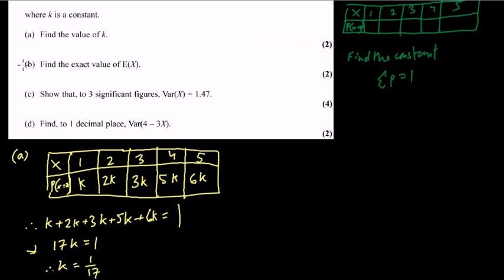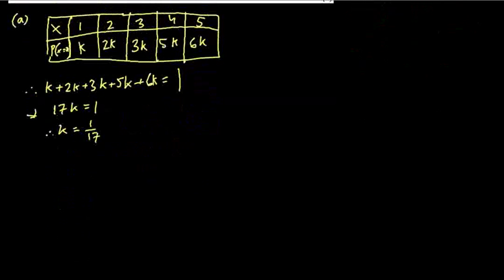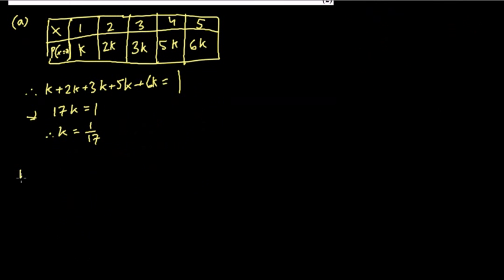So the next question is expected value, E(X). Expected value means mean. So let me write down the formula here. The expected value has a formula of summation of random variable into probability. That's it. So what we can do here is, we know the table. So for expected value, we have to write it out.